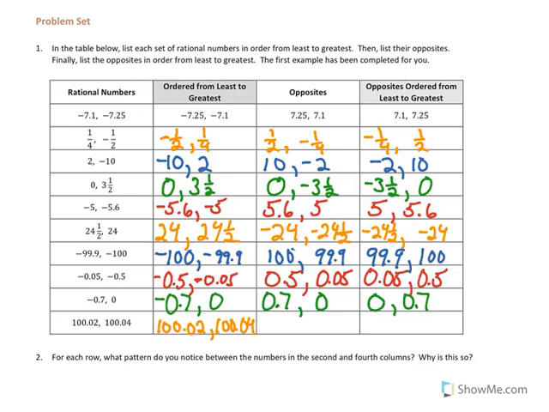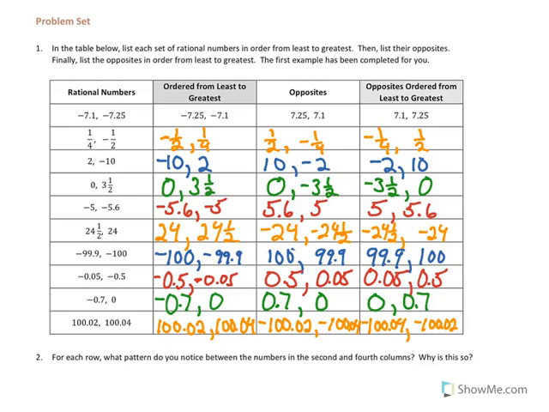All right, what are the opposites of these? All right, now put them in order from least to greatest as opposites. Put the opposites in order from least to greatest. Then it is negative 100 and 4 hundredths, and negative 100 and 2 hundredths.